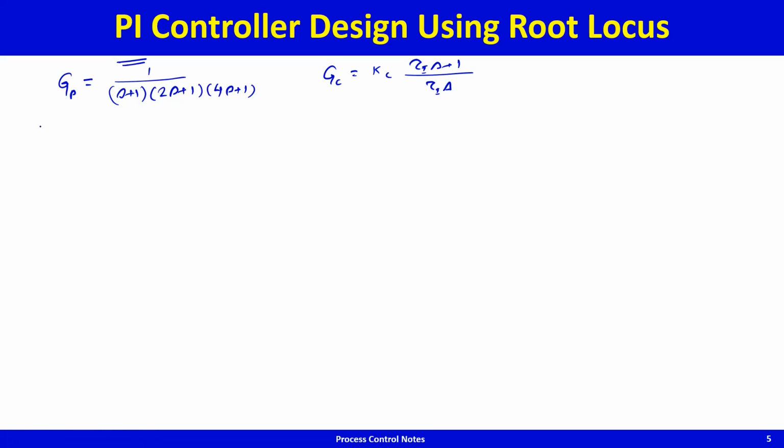The question is, what should I set tau I as? And Kc is going to be adjusted so that the closed loop damping coefficient is 0.5.